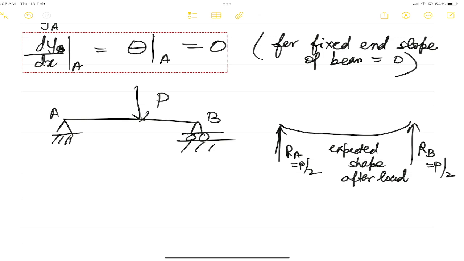The deflections won't be this much, but this is the expected shape if you have a beam like this.